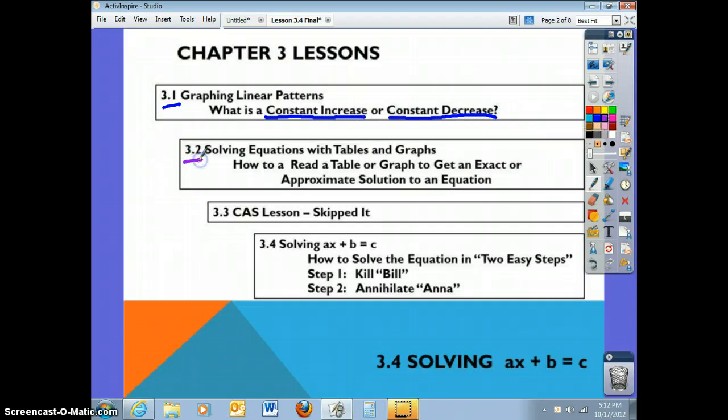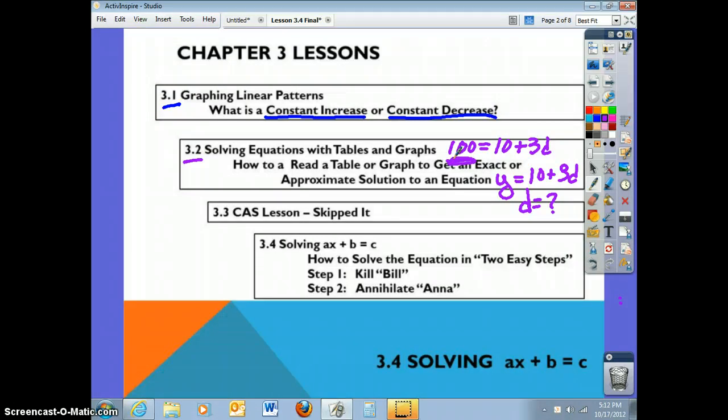3-2 was using your graphing calculator to take an equation such as 100 equals 10 plus 3d, turning it into y equals 10 plus 3d, and then using your graphing calculator to find the answer for d by going through your table and searching until you got to 100 in the y column, and then looking to see what d that gives you.